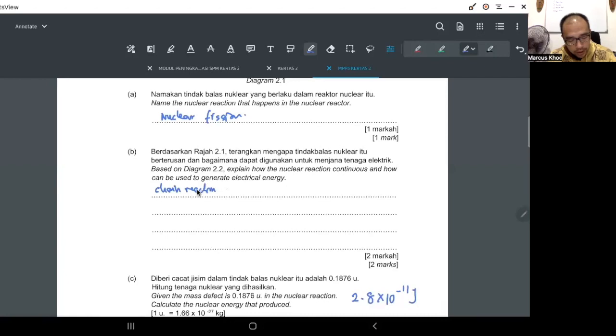A chain reaction happens when the neutrons released react with other uranium.